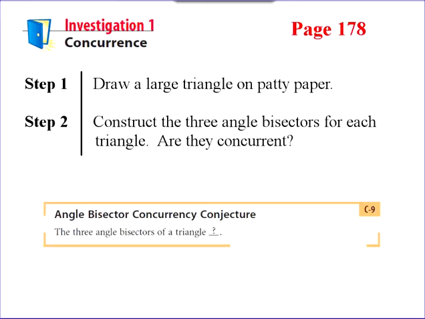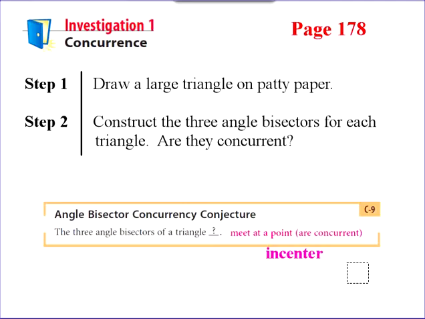Okay, so do you have your conjecture filled in? The three angle bisectors of a triangle intersect. Okay, so they meet at a specific point, and we call that specific point the incenter.